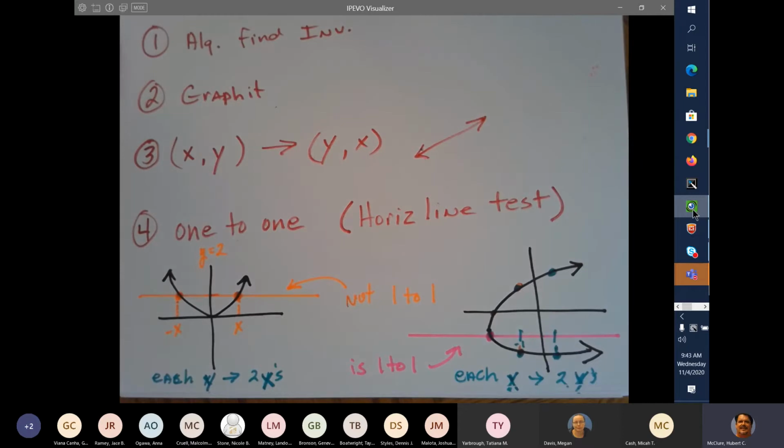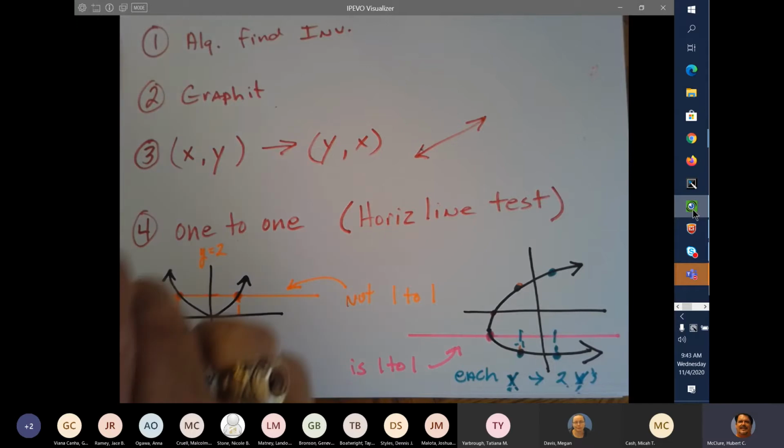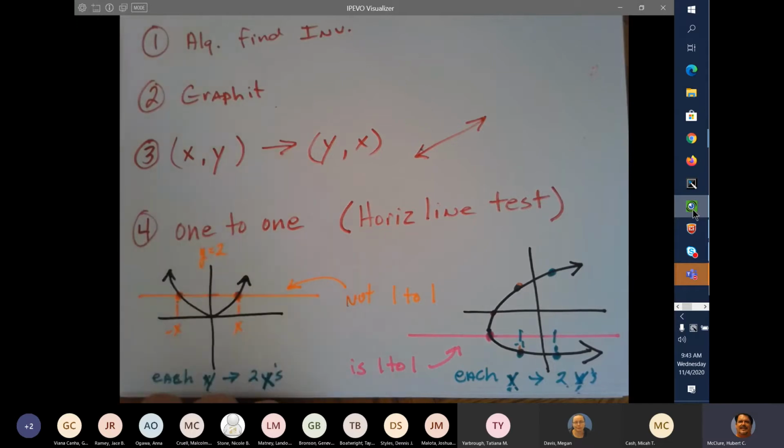And that's a 1-to-1. So that's the fourth type of question I could ask you on the test. Draw a horizontal line through a graph and tell me if it's a 1-to-1 or not 1-to-1. So it's not a real big deal.